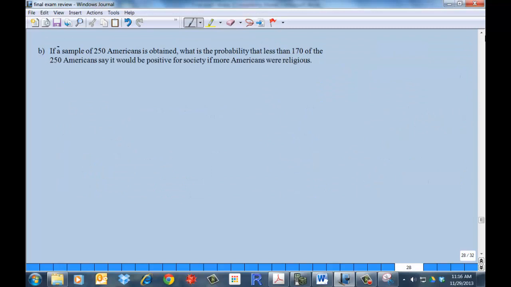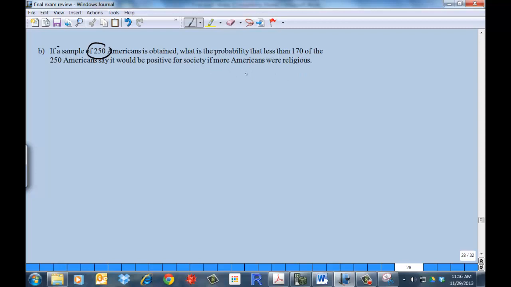One thing to pay attention to initially is that the sample size has changed. We're no longer selecting 100 Americans, but now 250.